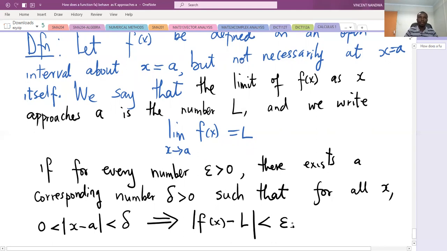So this is the formal definition of a limit.